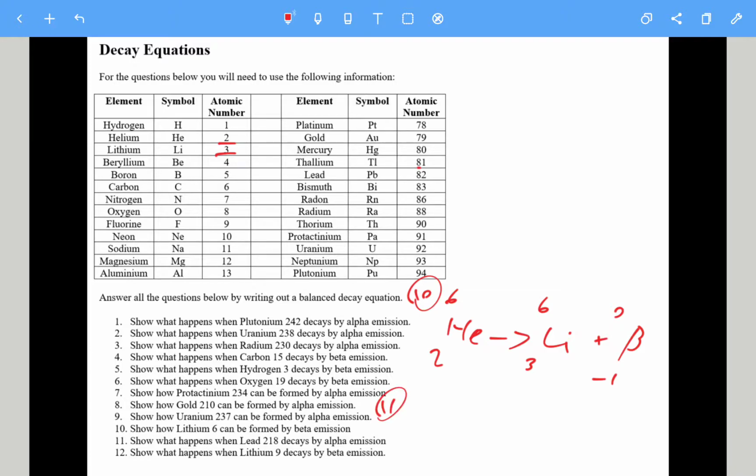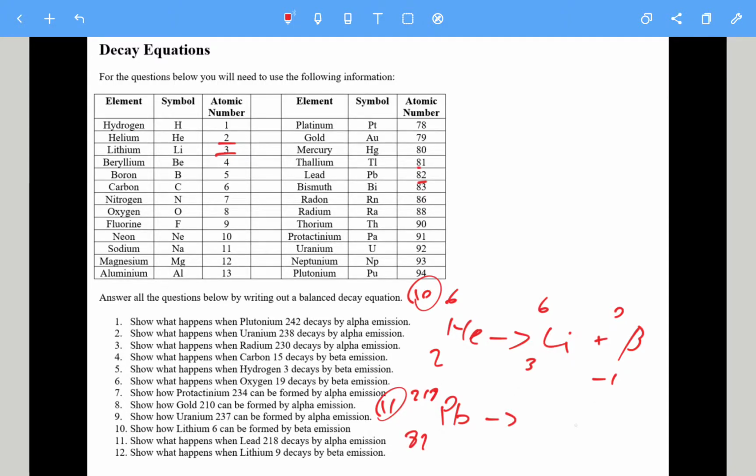Show what happens when lead decays by alpha emission. So lead is 82, and Pb, 218, 82.